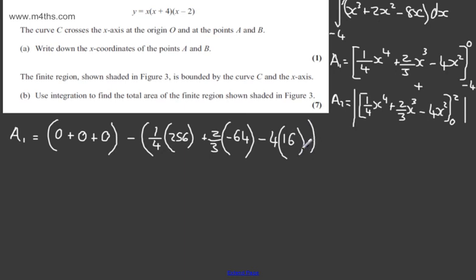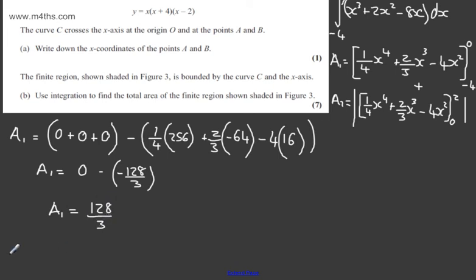So we can simply write that A1 will be equal to 0. We've got 64 here, we've got 64 there, they're going to cancel, so this will be minus 128 over 3. So that gives me now the value of A1 is 128 over 3.